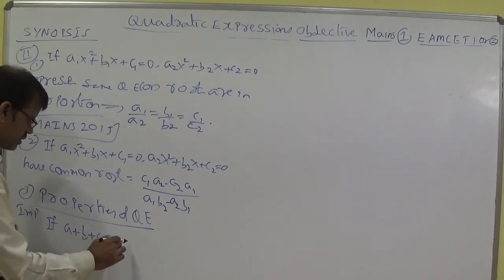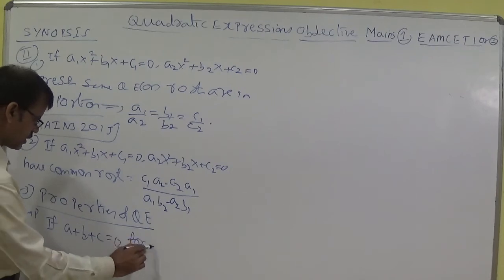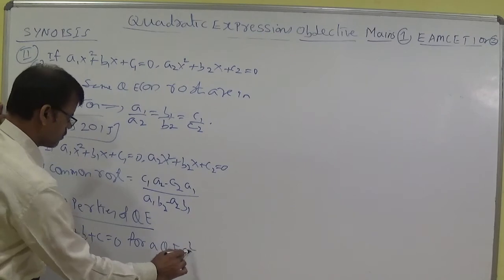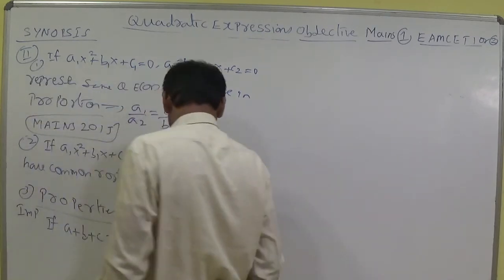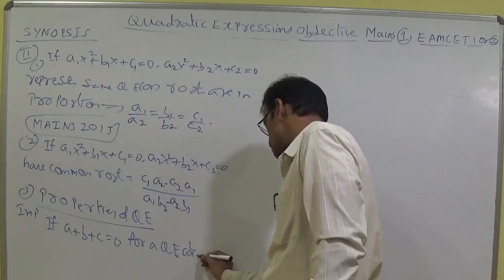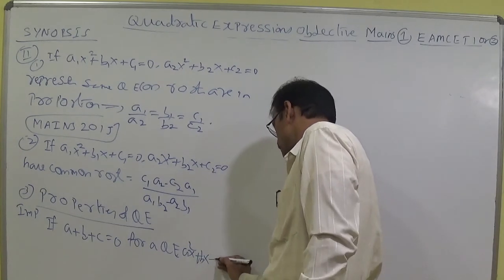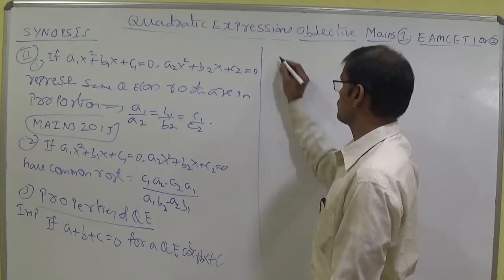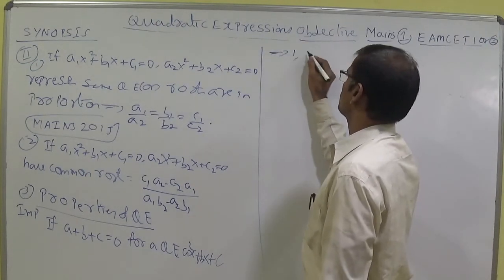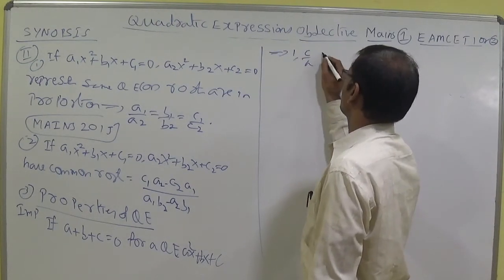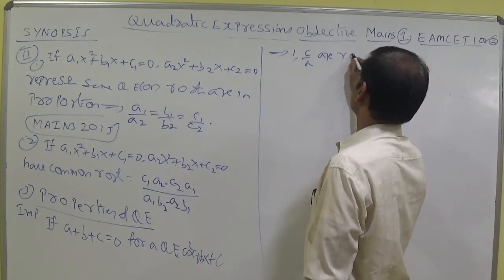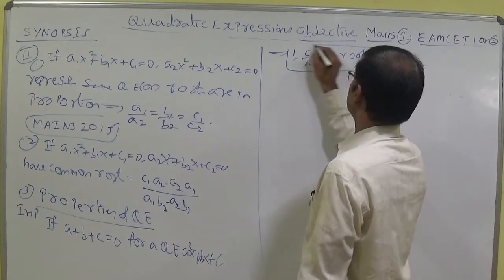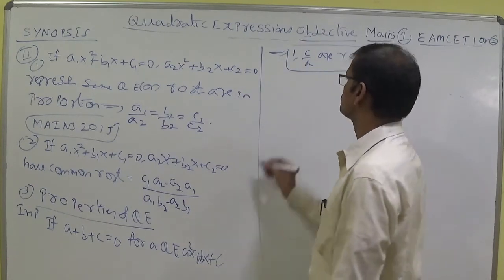If a plus b plus c is equal to 0 for a general quadratic equation ax square plus bx plus c equal to 0, that implies 1 comma c by a are roots. It is a most important question.